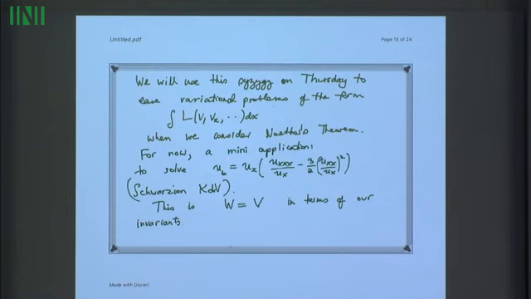So this has got a name. It's the Schwarzian KdV. There's my Schwarzian, my third order invariant, and here's Ut over Ux, and this is W equals V in terms of our invariants. All right. So writing it in terms of the invariants hasn't done a great deal so far. This is the difference between ODEs and PDEs.